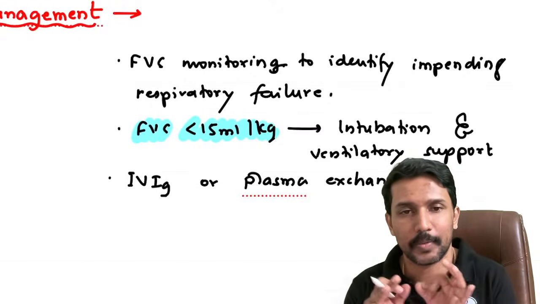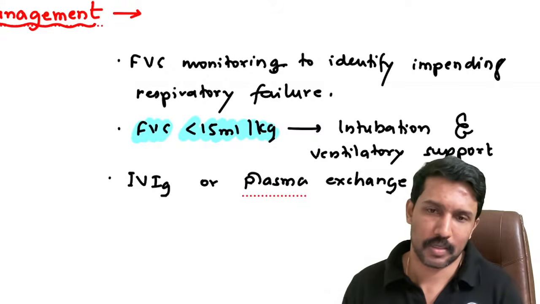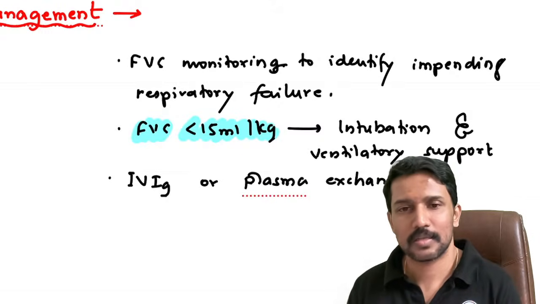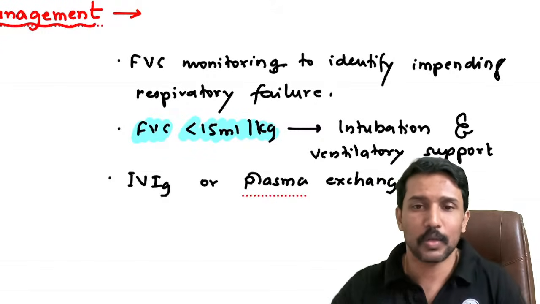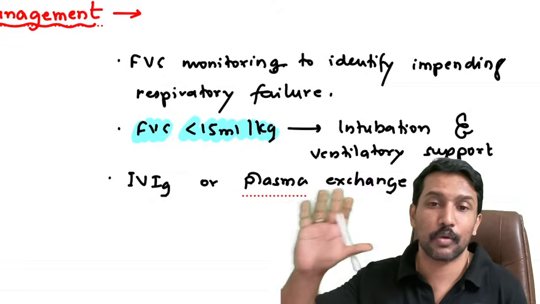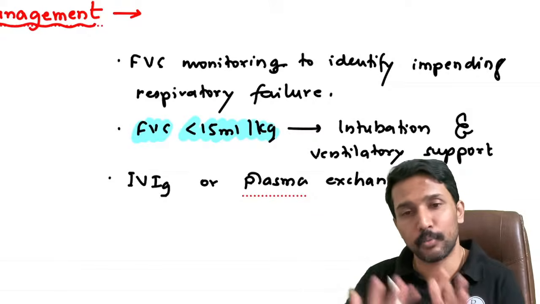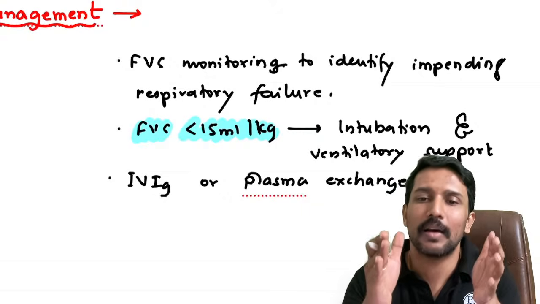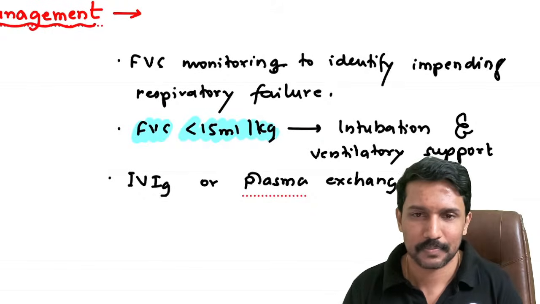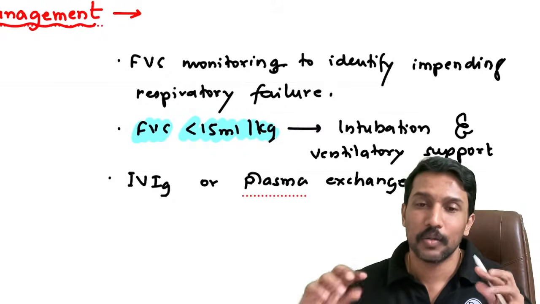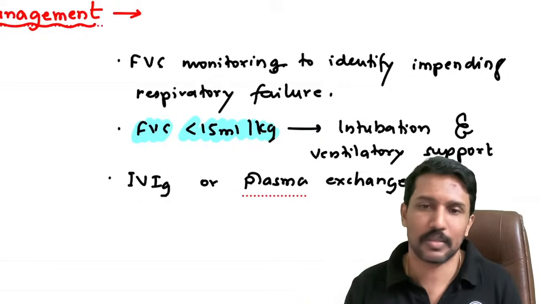When the forced vital capacity is less than 15 ml per kg. For a 50 kg person, 15 ml per kg is 750 ml. So if his FVC drops below 750 ml, don't wait for the saturation to drop or ABGs to start showing hypoxia. Intubate him, put him on the ventilator. This is the right window for intubation. If you wait a little more, the saturation drops and then you have a very difficult, critical emergency intubation.